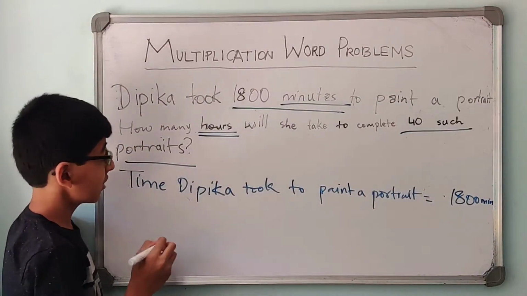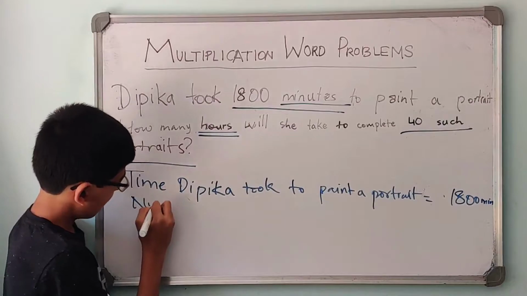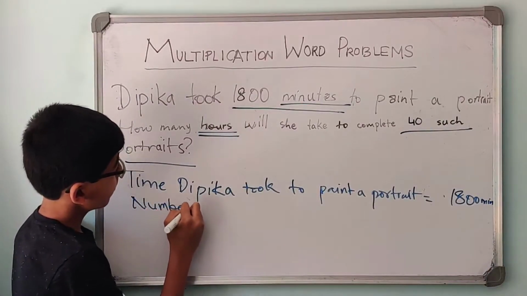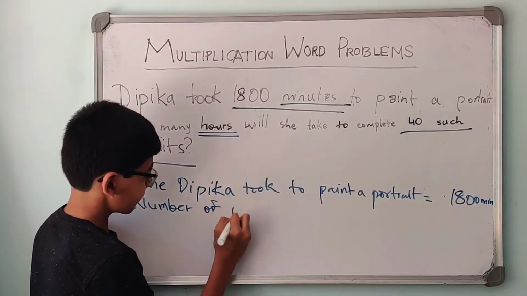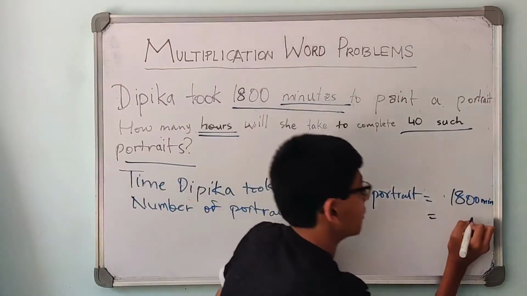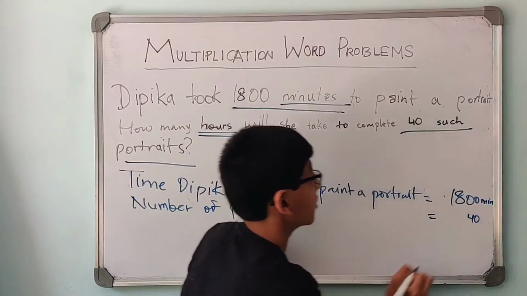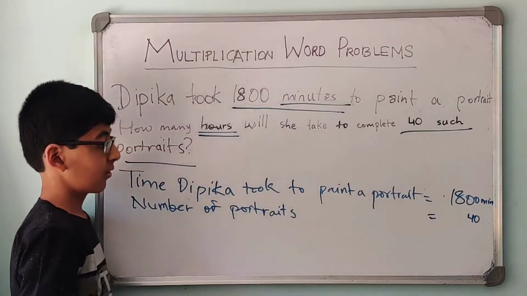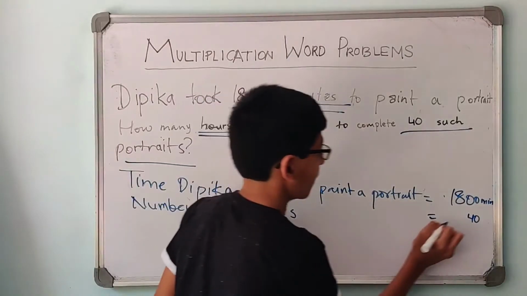Now we need to write the number of portraits. So the number of portraits are 40 such portraits. So we have to multiply.